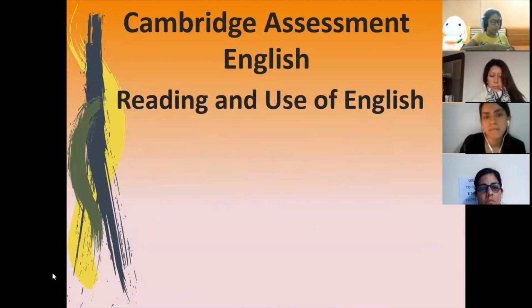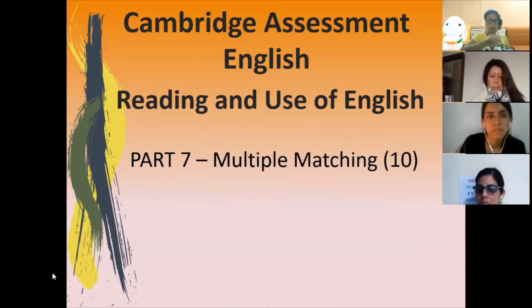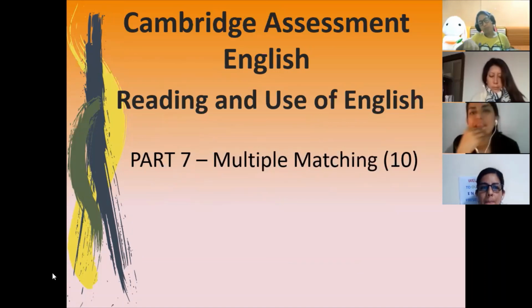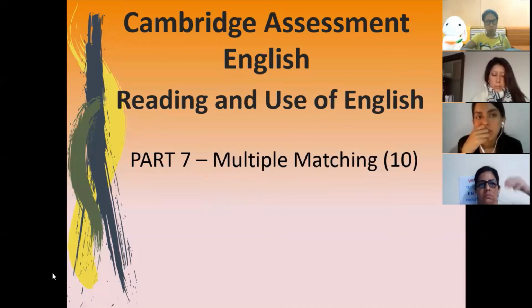All right, and finally, you have part 7. Part 7 is the multiple matching. In this case, what you will have is either 4 or 5 different short articles, like the ones we did in last week's exercises, or a complete article separated into paragraphs.